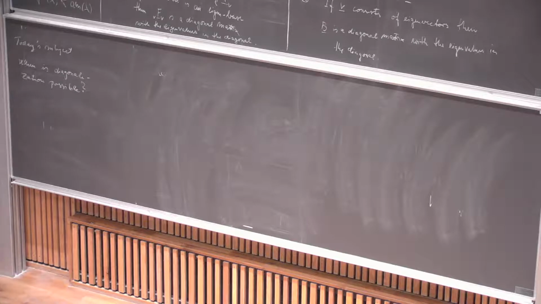So when can you make a change of base such that the result will be a diagonal matrix, either if you have a mapping or you have a matrix? We're going to discuss this. When is it possible?